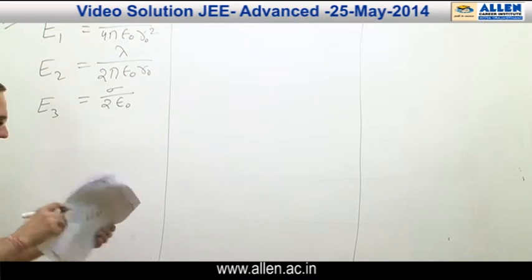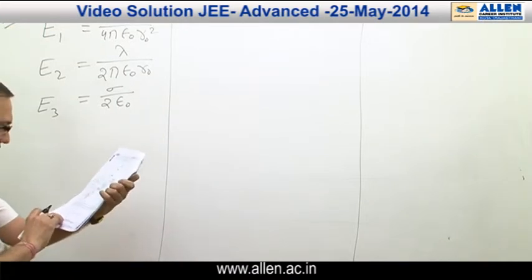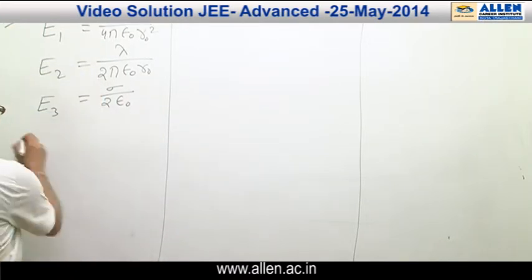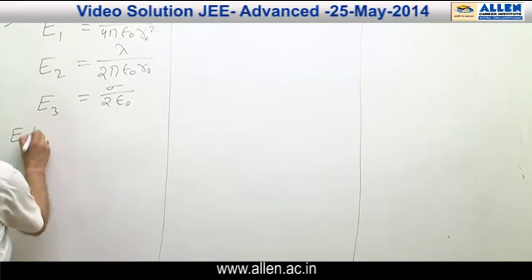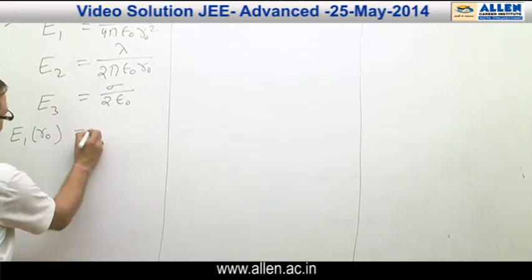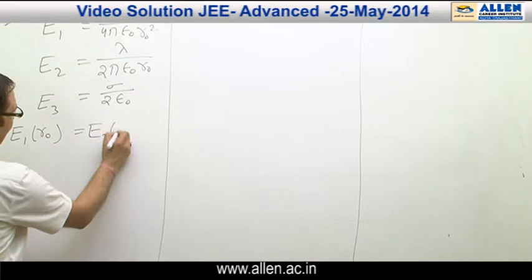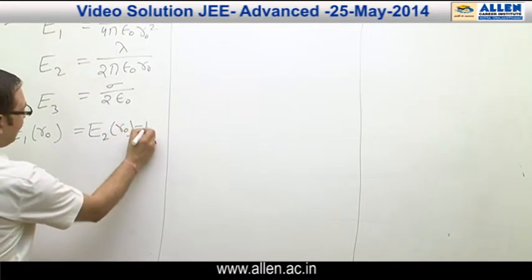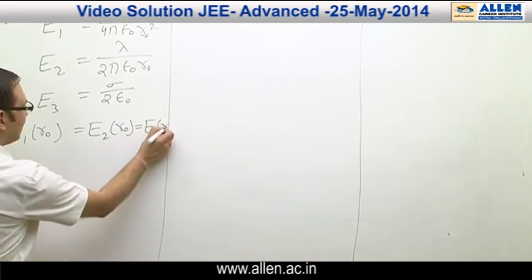Now in the question it is given that at distance R naught all electric fields are equal. So we can write E1(R naught) is equal to E2(R naught) is equal to E3(R naught).